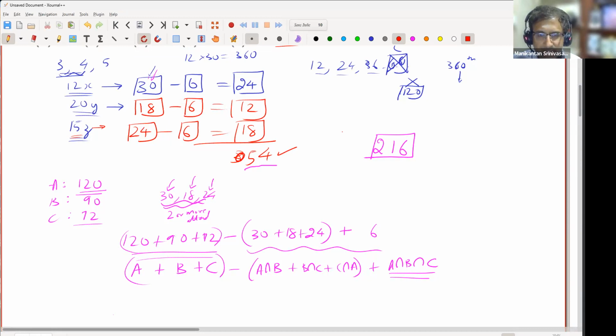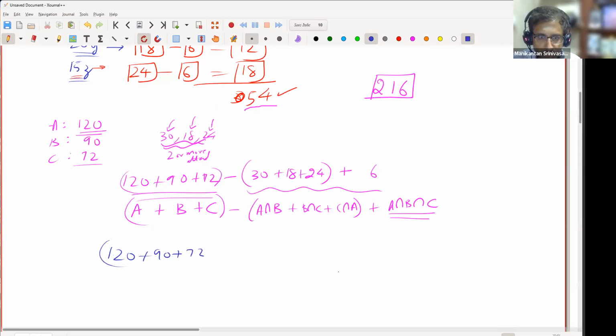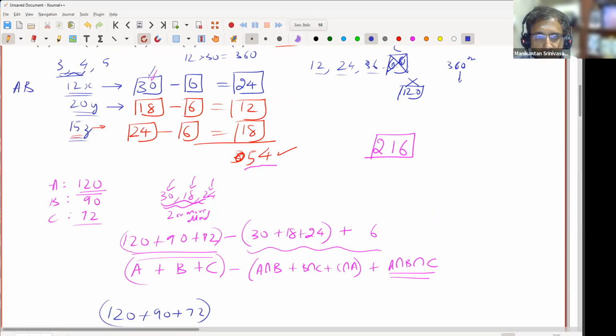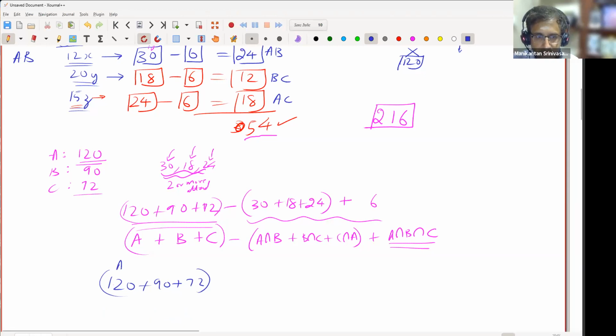But what I was thinking was, the starting step is the same: 120 plus 90 plus 72. Now, A and B together attend 24 times, B and C together 12 times, and A and C together 18 times, correct?